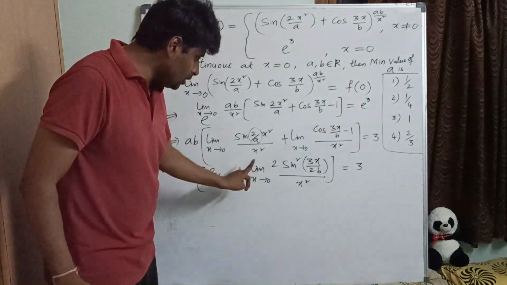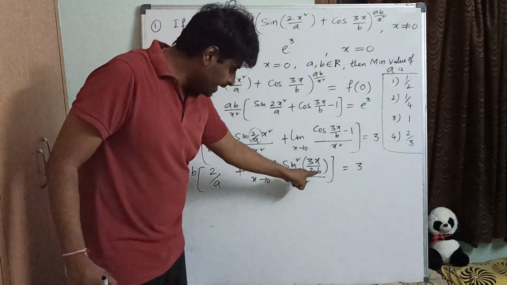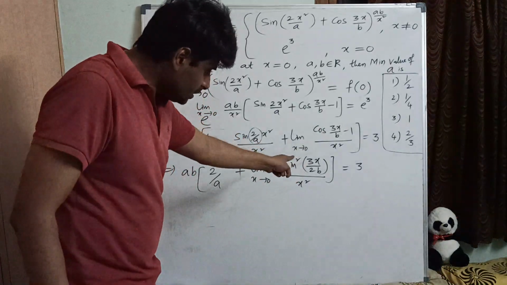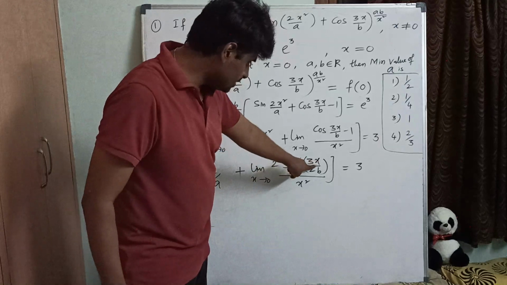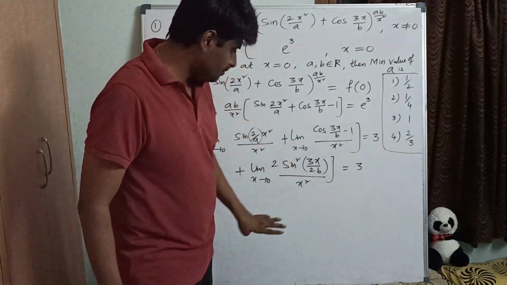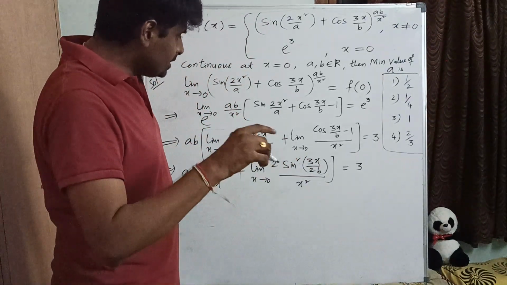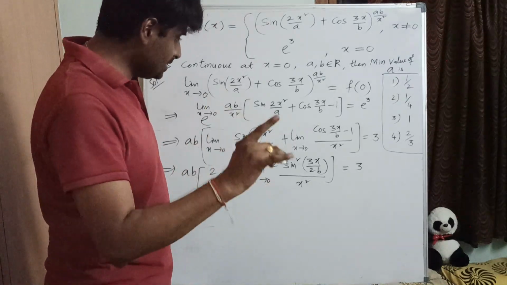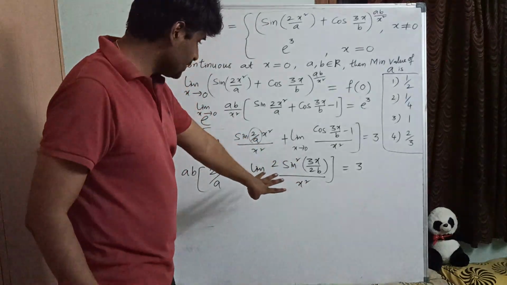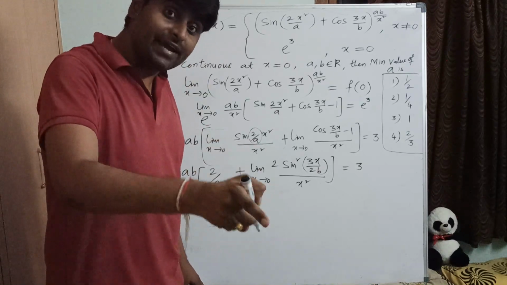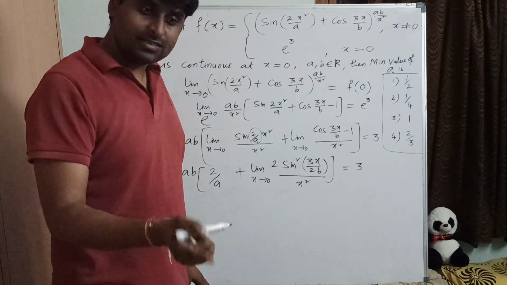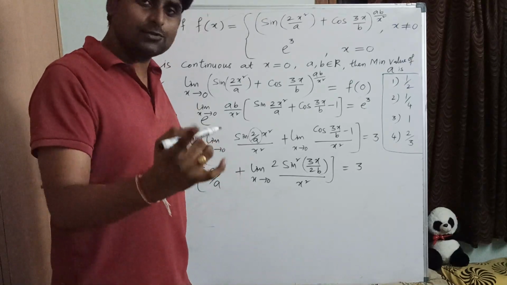Now here I can write 2 outside. Whatever we have inside, the same term I need to have in the denominator also. Here square. So 3x by 2b means down also 3 by 2b whole square, means 9 by 4b square. Generally sin x by x is 1, similarly sin square x by x square is 1, sin cube x by x cube is also 1.